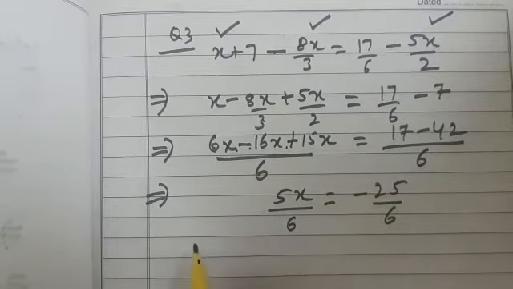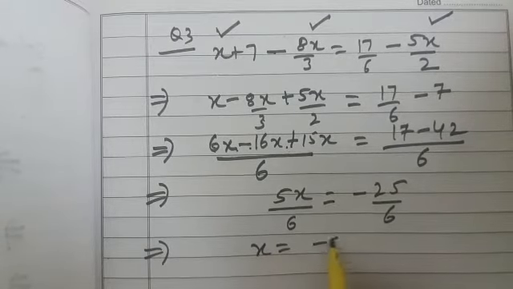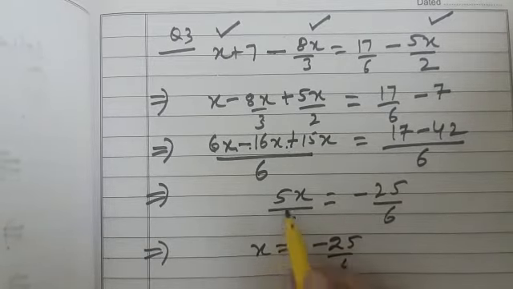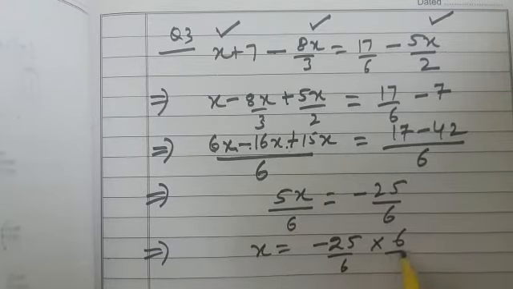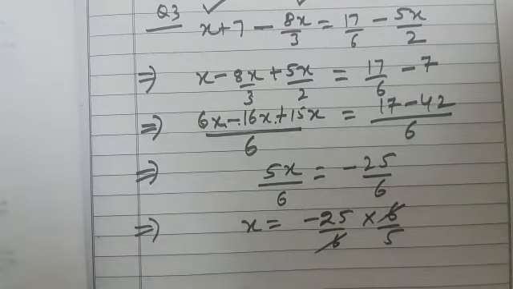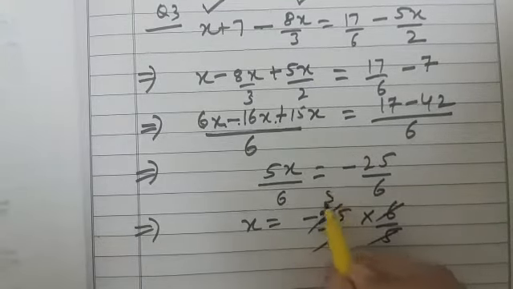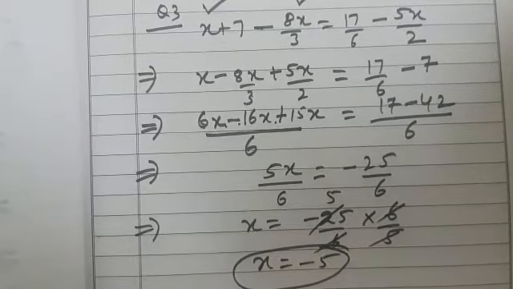So we have minus 25/6. So this implies x is equal to minus 25/6. So 5/6, when it goes to the right hand side, it becomes 6/5. Simplify. What is the answer? Answer is x is equal to minus 5. I hope you have got this.